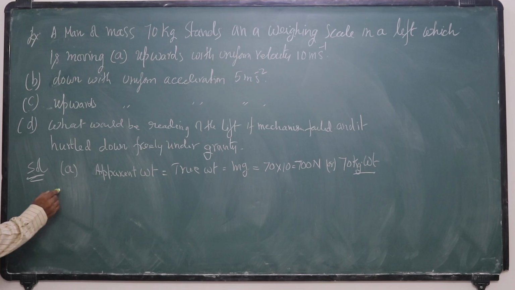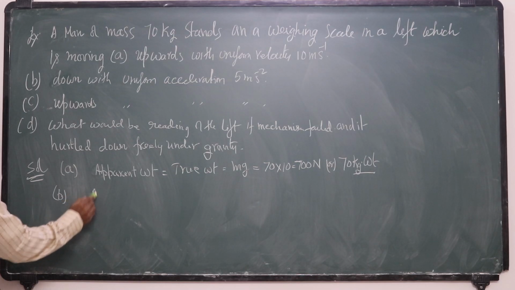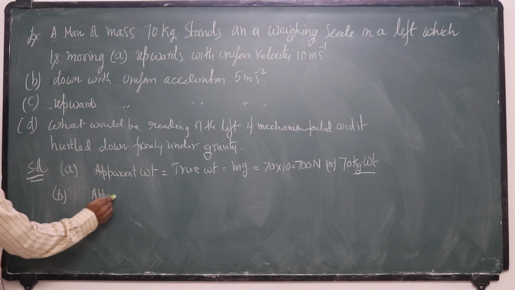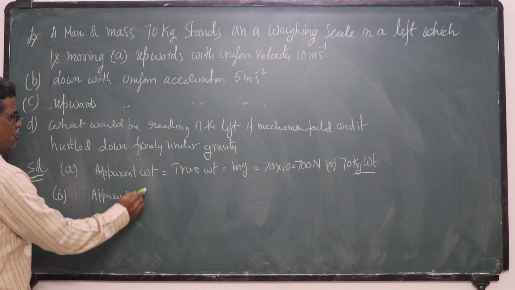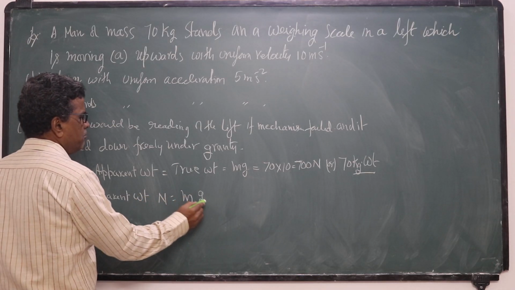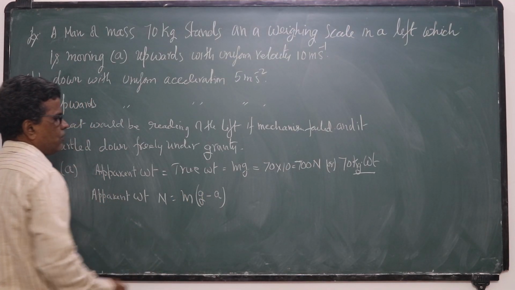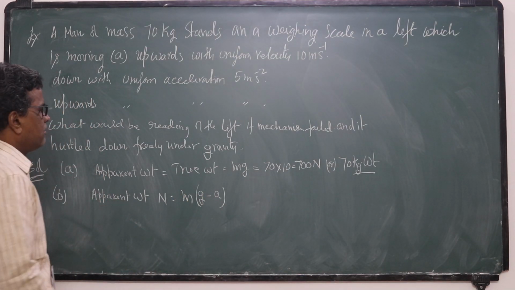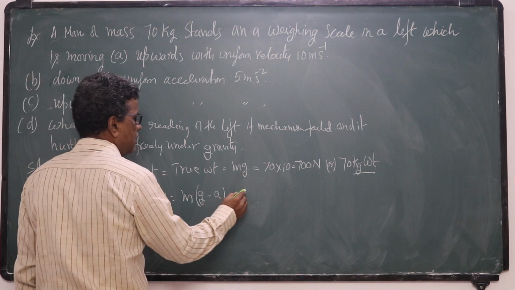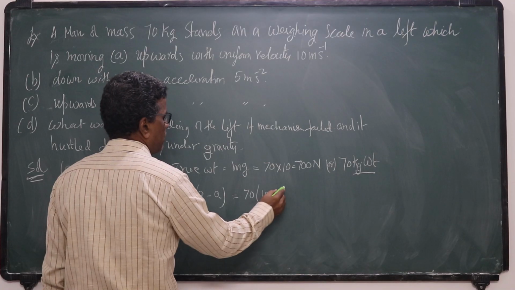Now B. So it is moving down with uniform acceleration. When it is moving down, apparent weight N is equal to m(g minus a). M is 70 kgs, g is 10, a is 5.